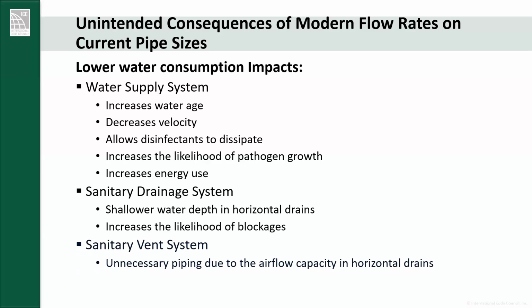And then in the vent system, you're going to have unnecessary piping due to the airflow capacity in horizontal drains. So there are really impacts on all three of these: water supply, drainage, and venting, because you are using the same size water supply, drainage, and venting that you were using previously when you were using much more water.